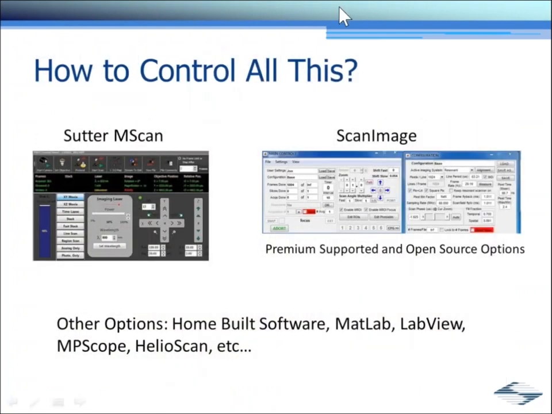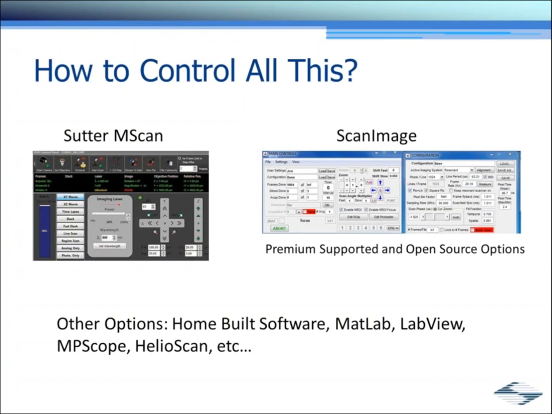All right, so with all those hardware options, how do we control all of this? With essentially any detector, any laser, any of these options, it turns out we have a number of software options as well. The two primary software options are Sutter MScan and ScanImage, which is supported by a company called Vidrio. There are also other options.